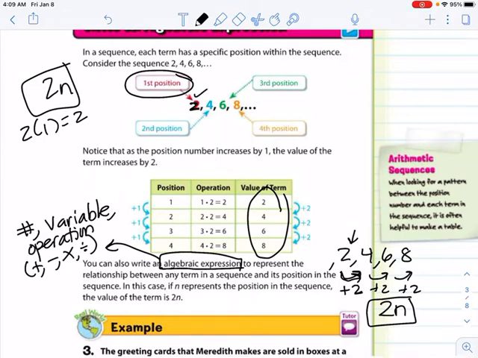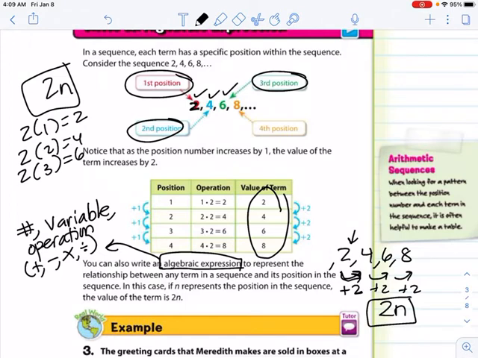And then 4 is in our second position. So 2 times 2 is 4, and yeah, that checks out there. And then 6 is in our third position. So 2 times 3 is 6. So yeah, that works. So that confirms that 2n would be our algebraic expression.